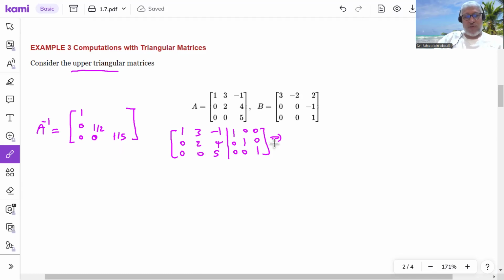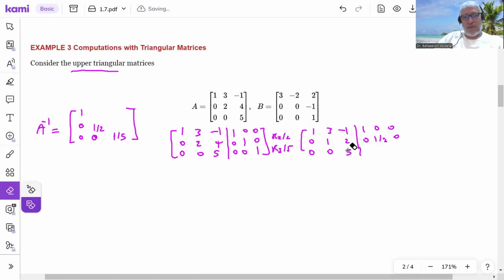Now this 2, I need it to be 1, so I will divide R2 by 2, and I will have this matrix. Now I'll use this leading one. Also, I can divide R3 by 5 at the same time because I have 0 here, so that's good.